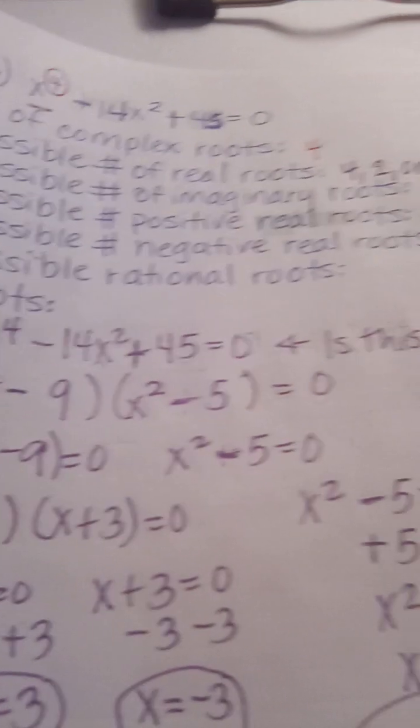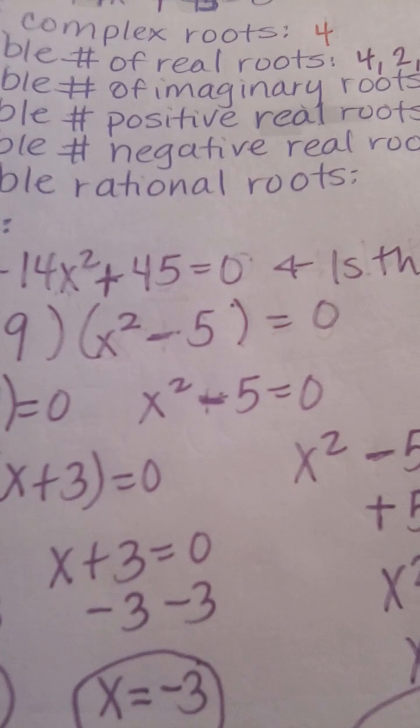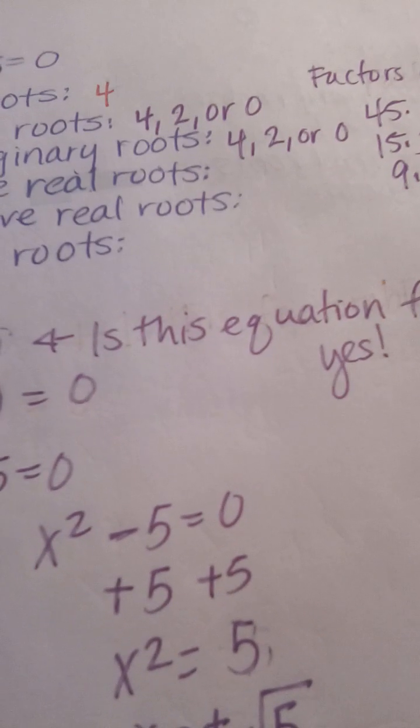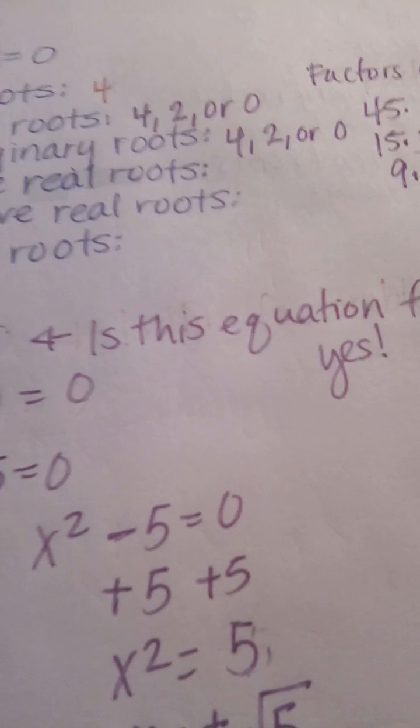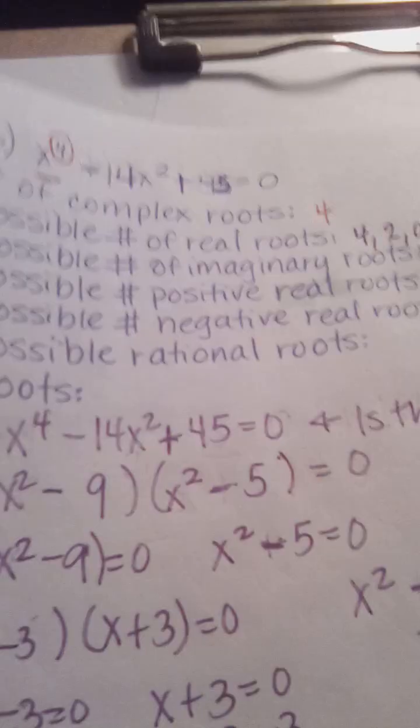And then the positive real roots. We have 1. No, actually, I'm thinking another one. It's 2, because we have positive 3 and positive square root of 5. These are 2 roots. And same thing with the negative real roots.